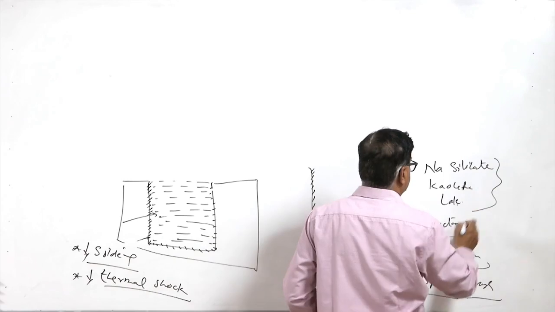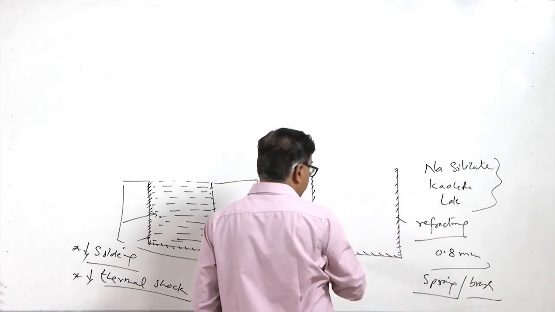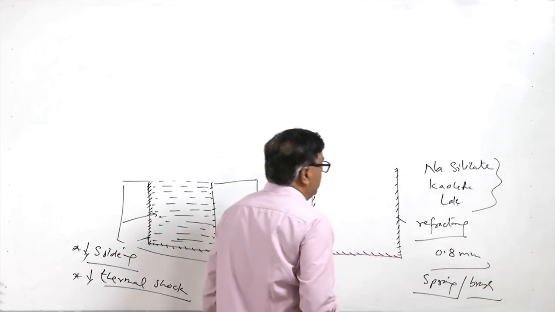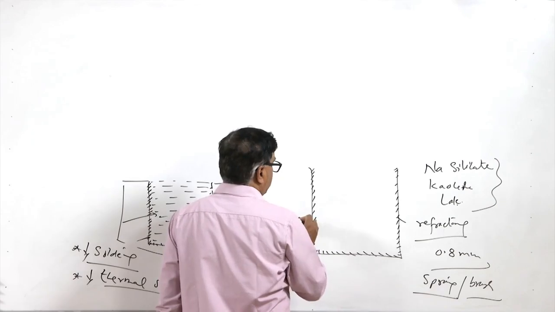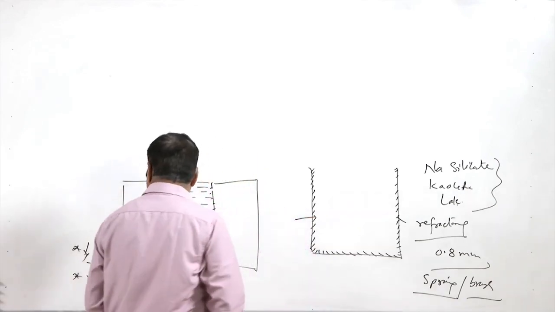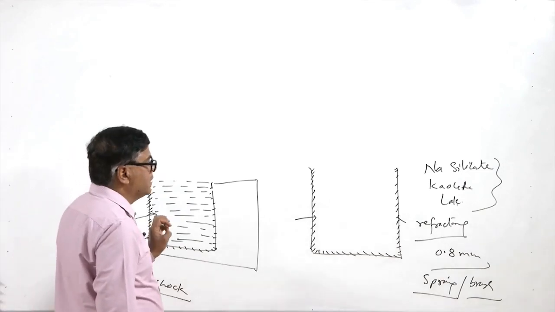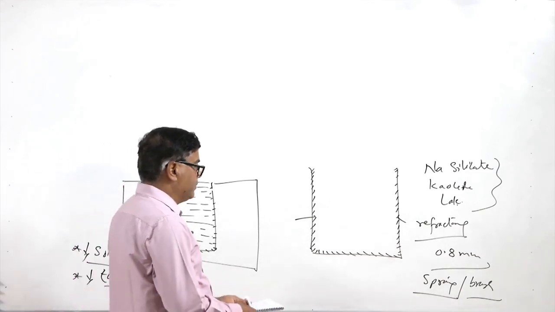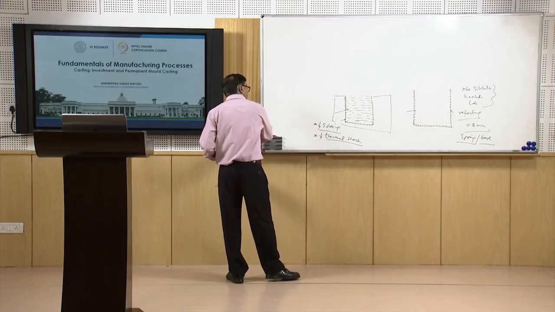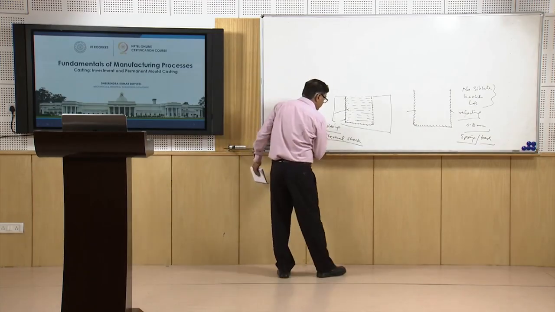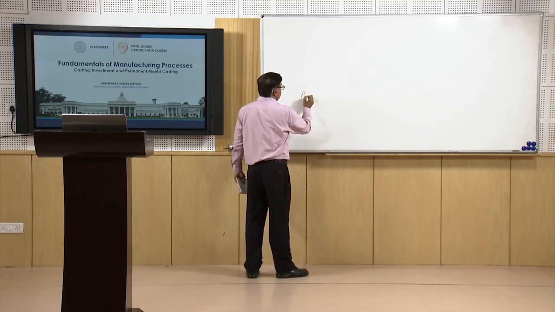So, a mixture of these three is applied on the internal surface of the permanent mold, so that it will reduce the thermal shock tendency as well as the soldering tendency of the metal of the casting with the mold wall. Now, we will talk about the advantages and the applications.